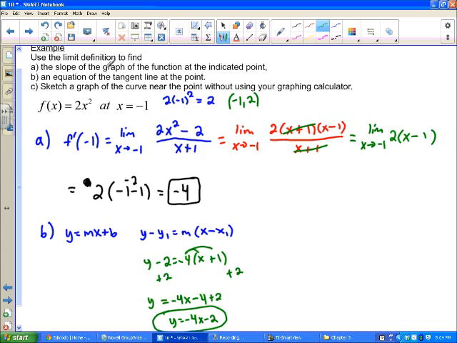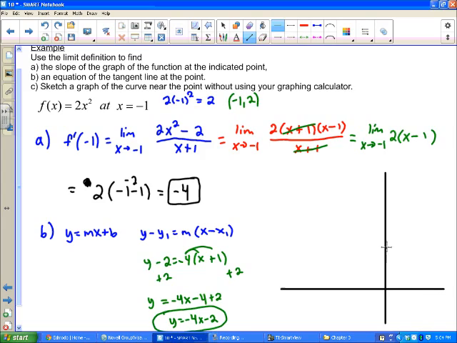So now what they want us to do is sketch a graph of the curve near the point without using your graphing calculator. So I can see how this is going to seem kind of tricky, but I think that we can do it. So we're talking about at x equals -1. One thing that I feel like will help us is if we look at our graph like we're really zoomed in. Okay, so we want x to be -1.